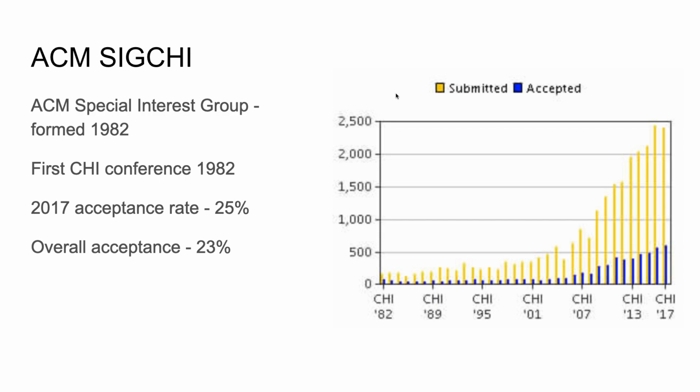The first conference was in 1982, and the figure shows that the number of papers submitted and accepted was small. Over time, that's grown and grown. But what's quite interesting is that the acceptance rate has stayed reasonably the same.